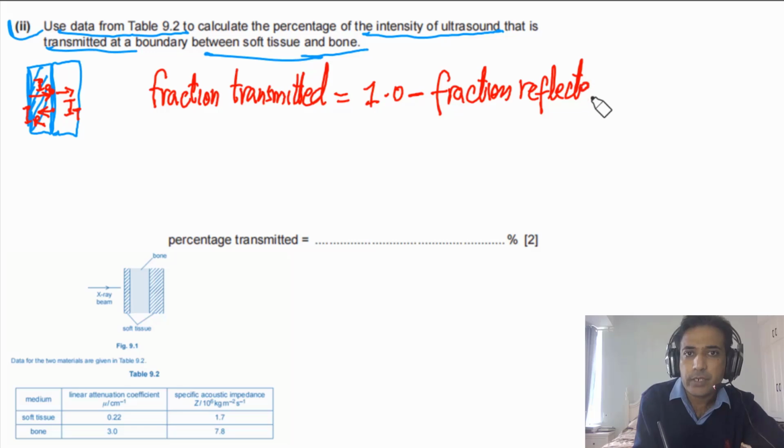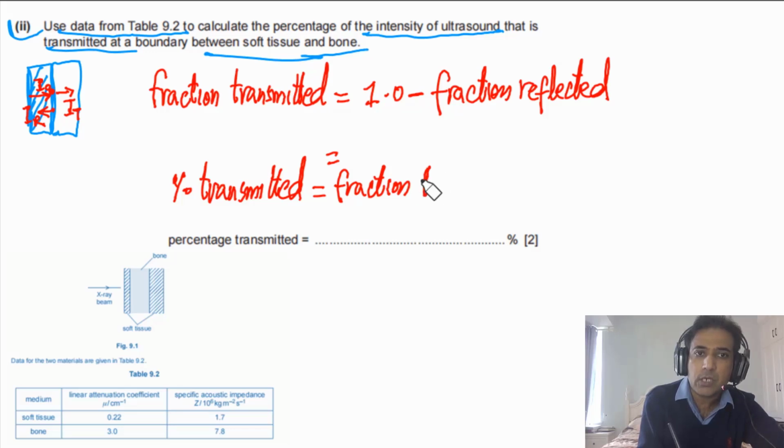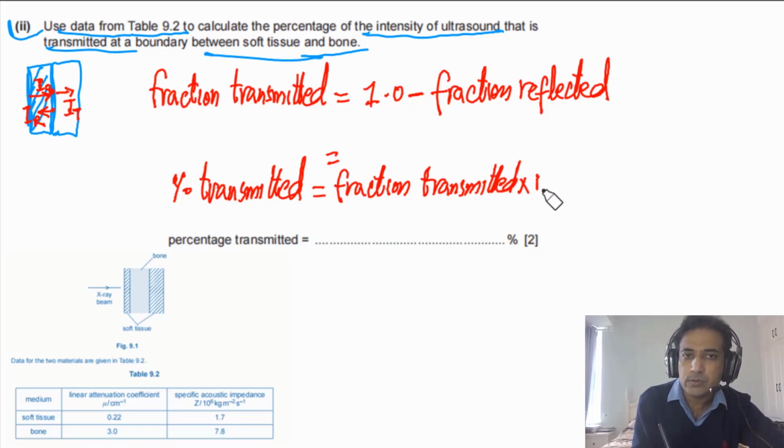So if we can calculate the fraction reflected, we can find out the fraction transmitted, and if we have the fraction transmitted, then we can find out the percentage transmitted. That will be equal to the fraction transmitted times 100. This is how you need to answer the question.